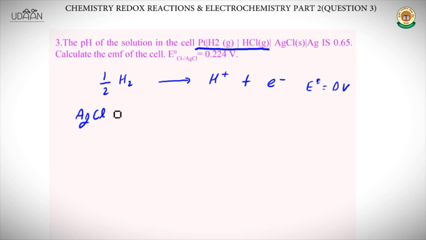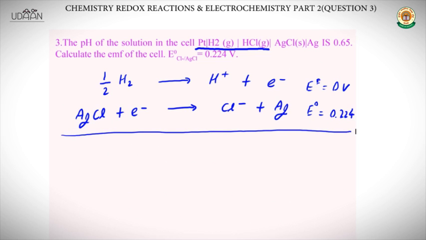For the second half reaction, it's AgCl plus electron gives Cl negative plus Ag, and for this it is given as 0.224.